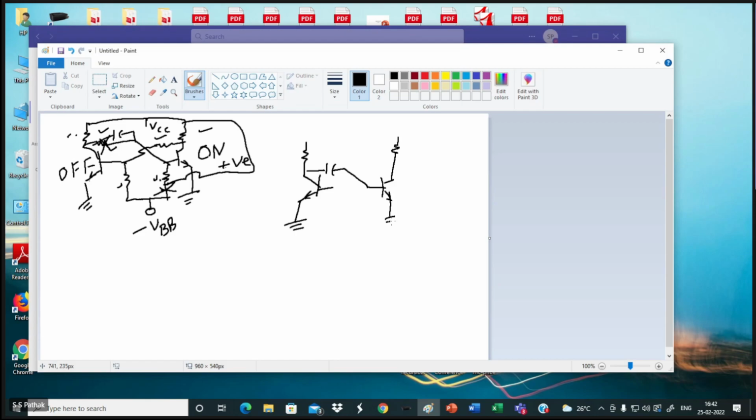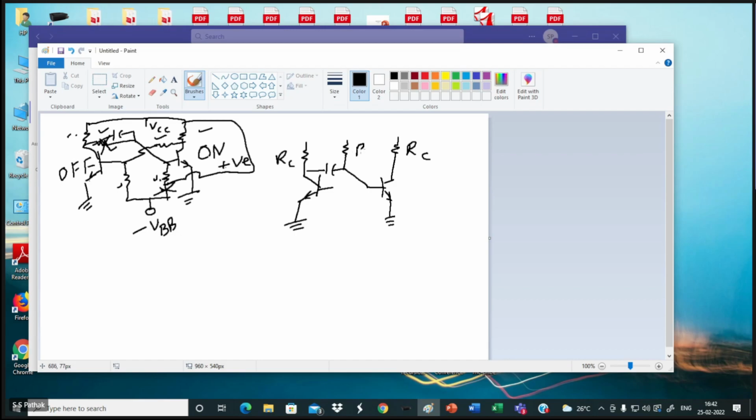It was coming like that. Now at this base, I was making a resistance going to minus VBB, that I am changing. So in here and here it is the same thing. I am putting a resistance here going to VCC directly. So this is my RC. This is also my RC.